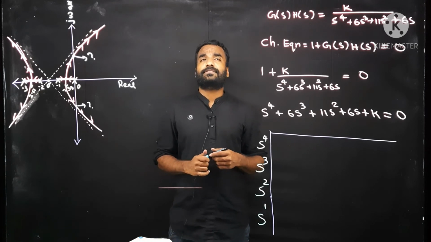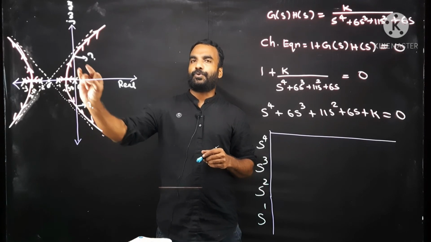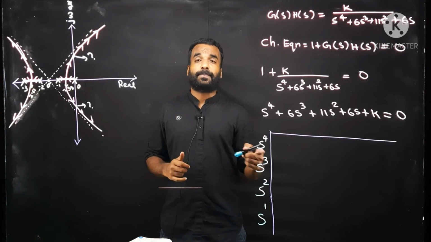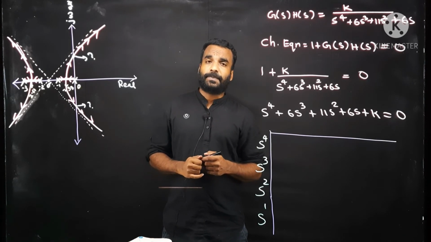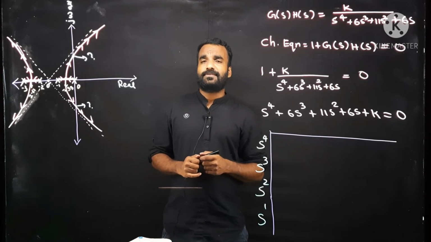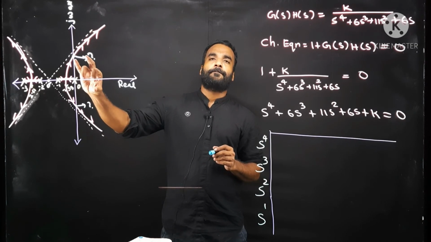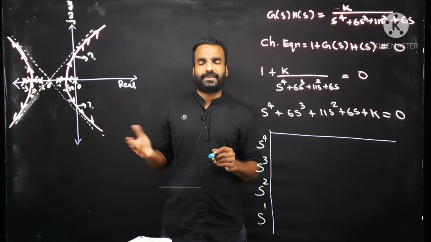Now we are moving to the step to find crossing point on imaginary axis. These are the 2 crossing points we are having on imaginary axis. For that we are applying RH stability criteria, RH stability criteria special case 2. Special case 2 means when poles or zeros are located on imaginary axis, we have to go for special case 2.